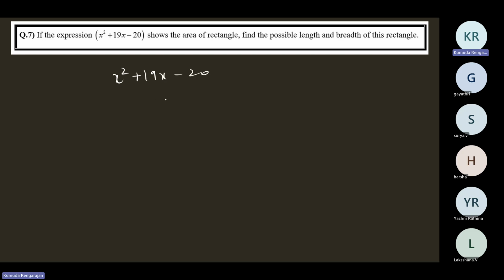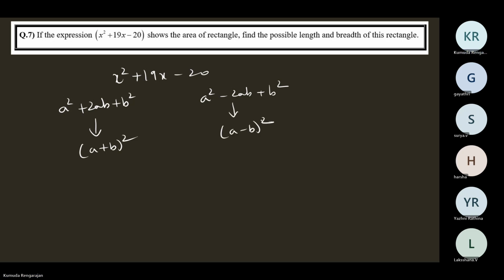The trinomials which are perfect squares should be of the form a square plus 2ab plus b square or a square minus 2ab plus b square. Because this one is a plus b the whole square and this one is a minus b the whole square.